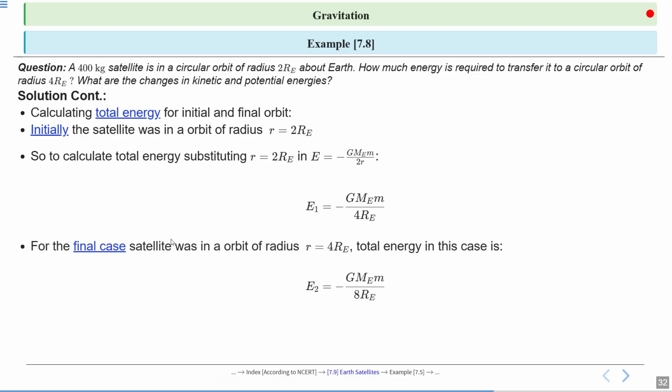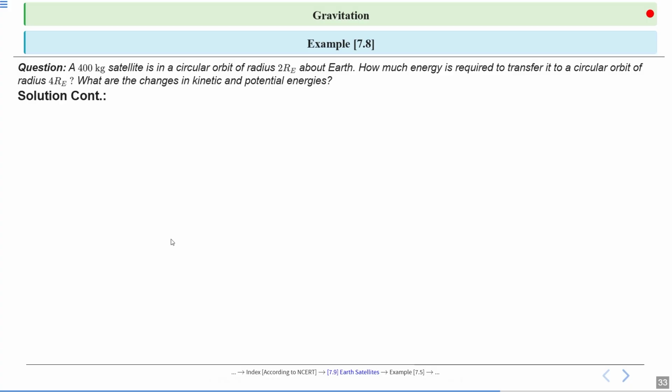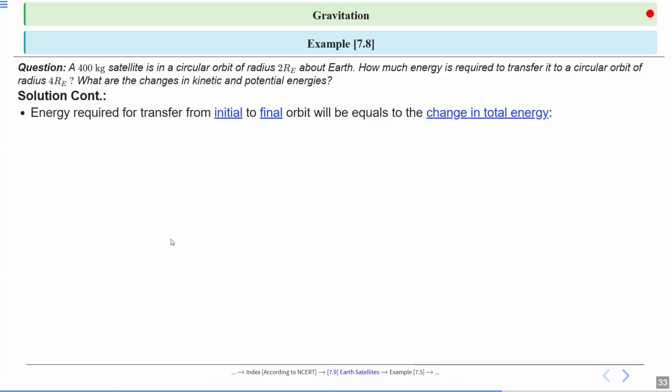For the final case, the satellite is in orbit of radius r equal to 4 times Re. Total energy in this case, E2, is equal to minus G Me m divided by 8 Re. Now, the energy required for transfer from initial to final orbit will be equal to the change in total energy.